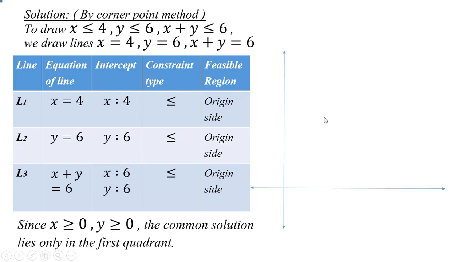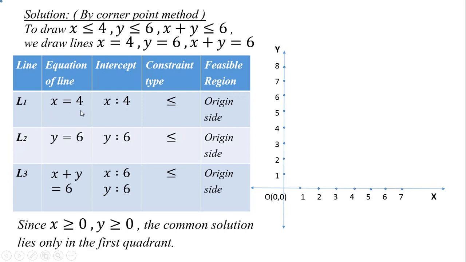Okay, so now we plot the graph and we take the points. Now on x-axis 1, 2, 3, 4, 5, 6, 7. Y-axis here we take 1, 2, 3, 4, 5, 6 up to 8. Now x is equal to 4. We have to plot this line.